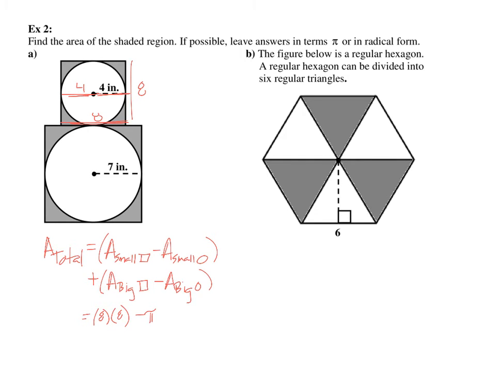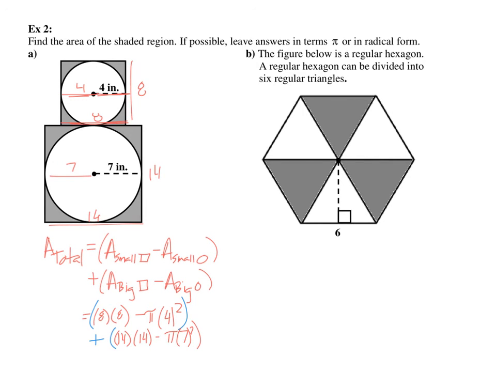What's r for the small circle? 4 squared. All right, got all this here in parentheses. And it's going to be plus, what else do I have? For the big square, this is 7 here. So the whole thing going across is 14. So that's 14 here. So 14 times 14 minus pi, and r for the big circle is 7 squared.